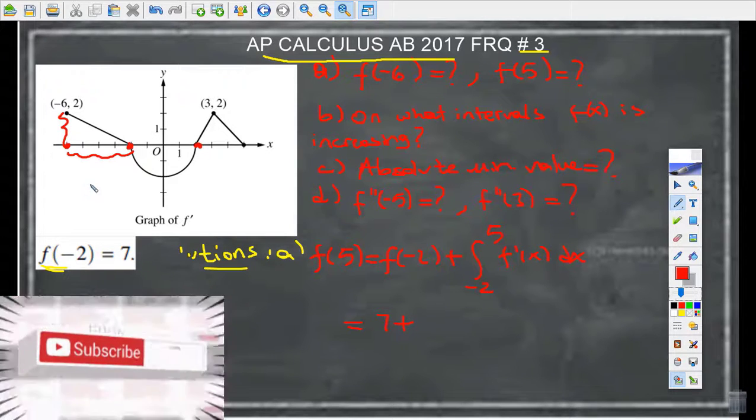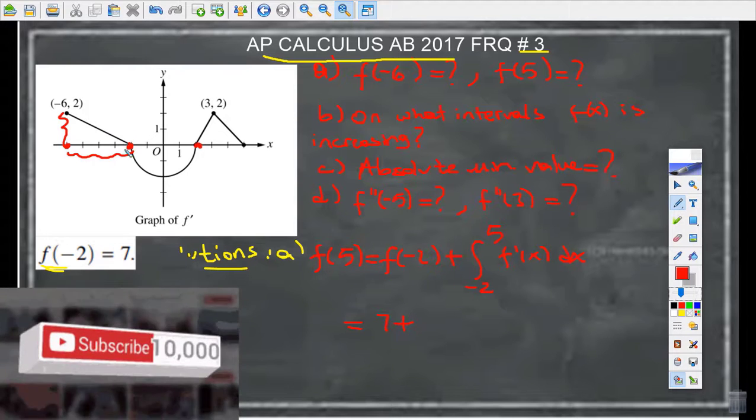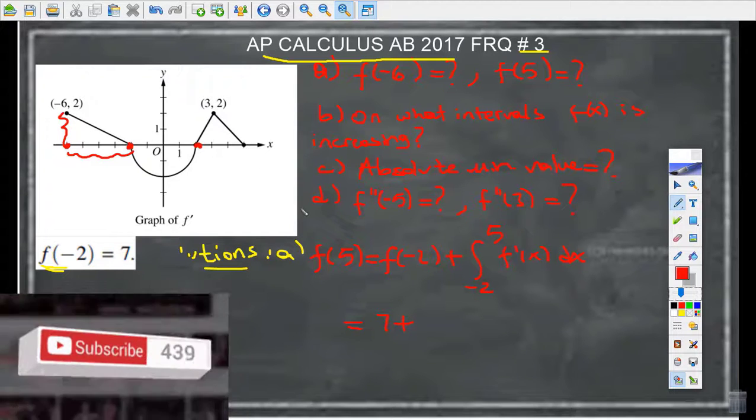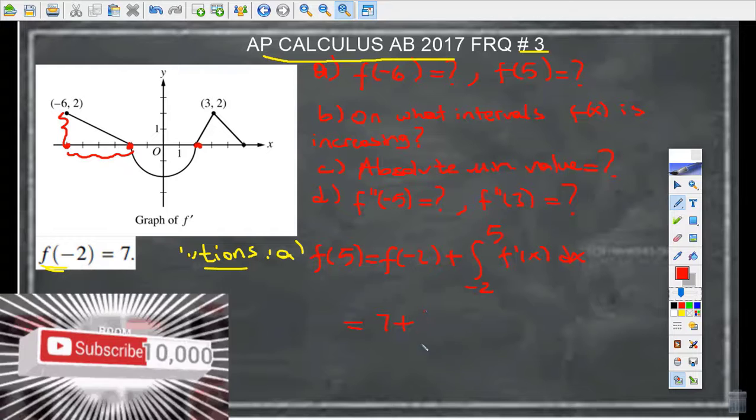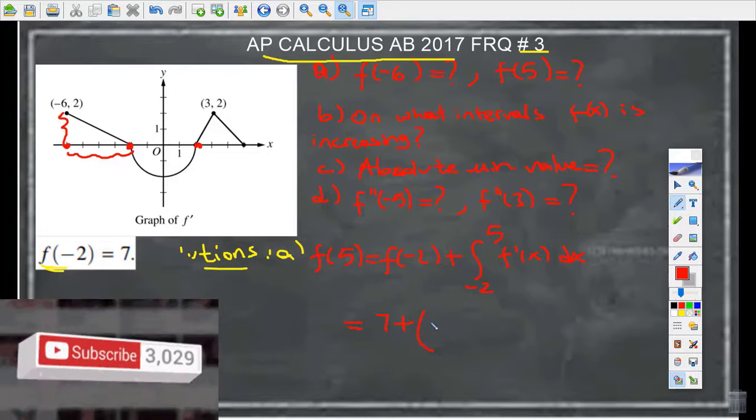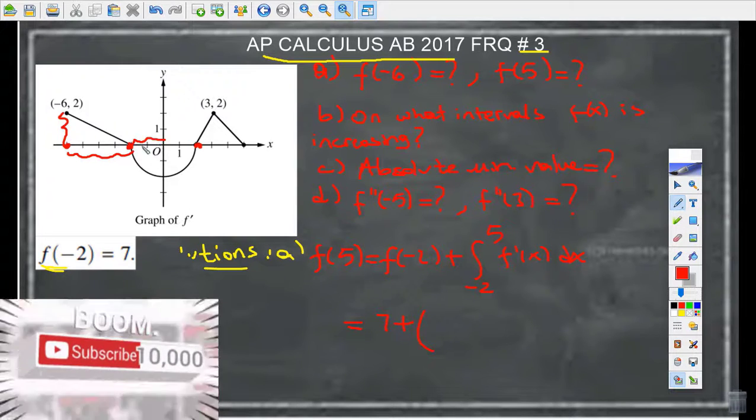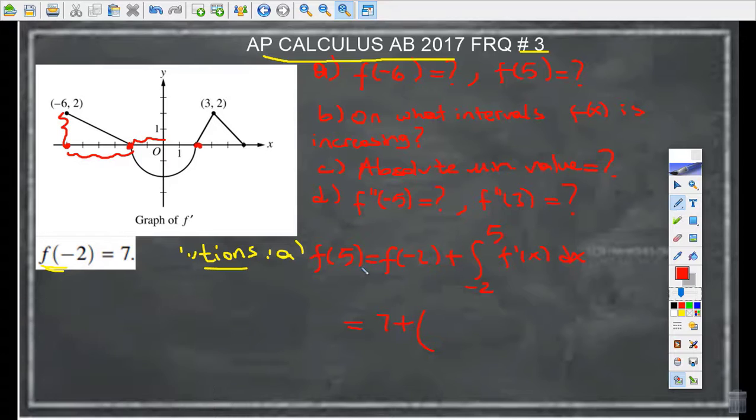As you notice, from -2 to 2 it's below the x-axis, which is a semicircle, so we're going to find the area of this semicircle. It's going to be equal to, let me open up a parenthesis, the radius is 2, as you can see, so it's pi times 2 squared divided by 2, and it's going to be negative because it's below the x-axis. Plus, from 2 to 5, it's the area of this triangle.